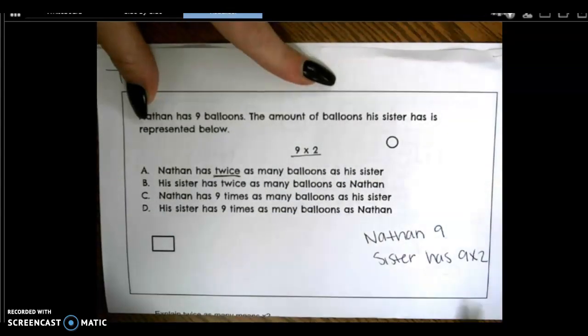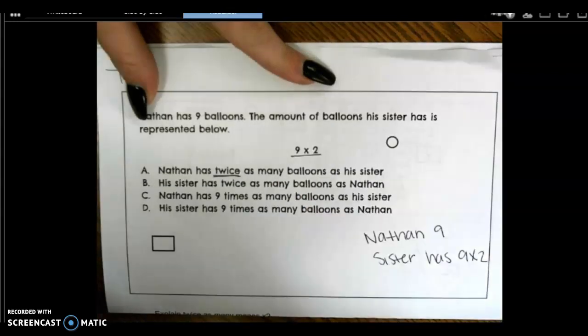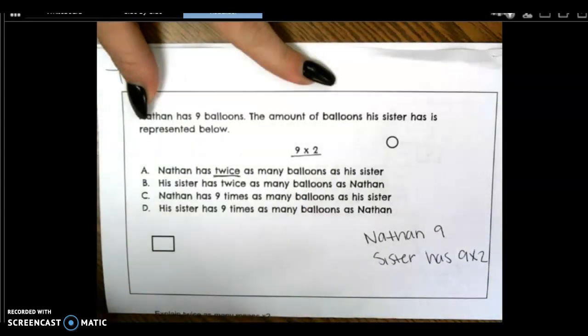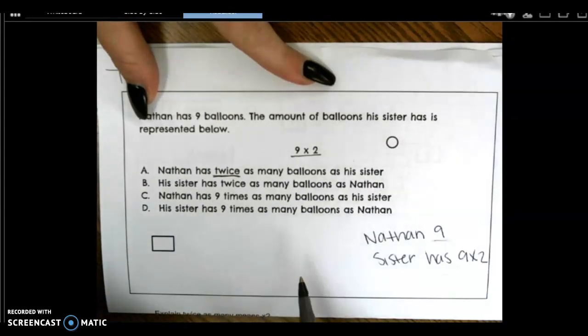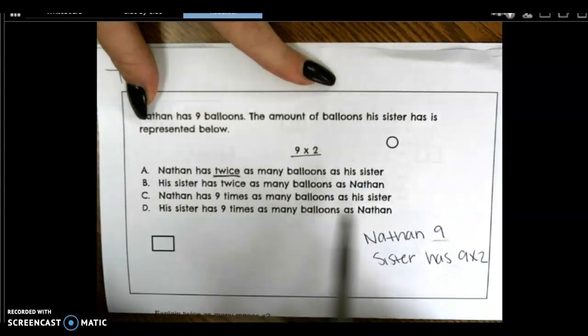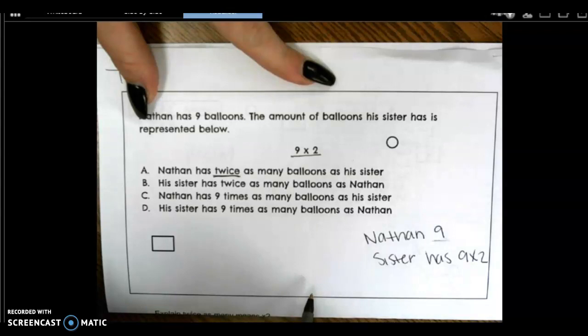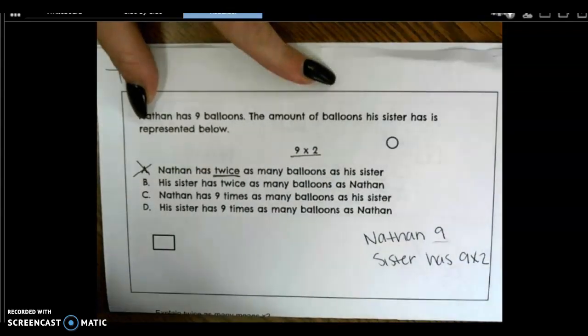So it says Nathan has 2 times as many balloons as his sister. Is that right? No, because we know Nathan only has 9 balloons. Nathan doesn't have 2 times as many balloons as his sister. So we know A is wrong.